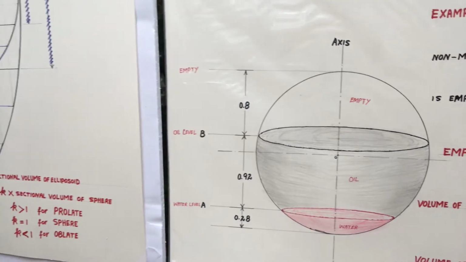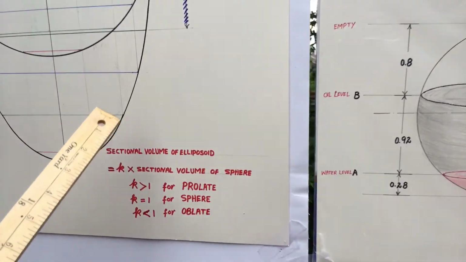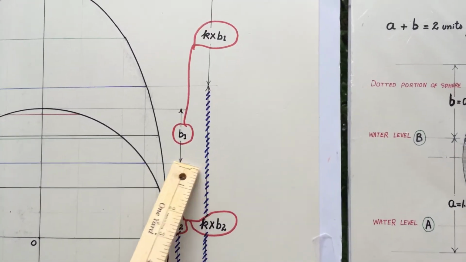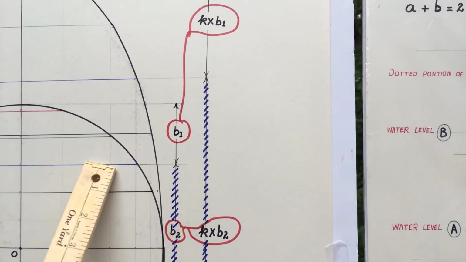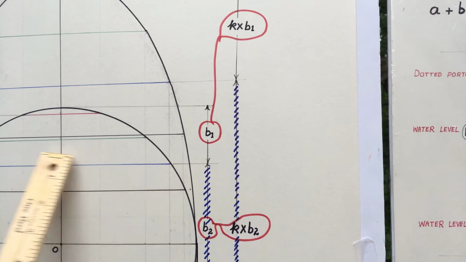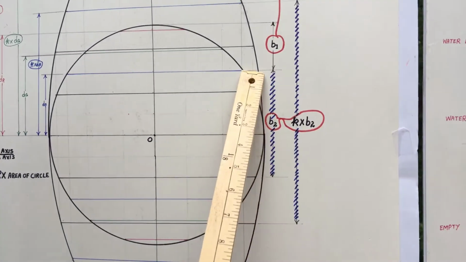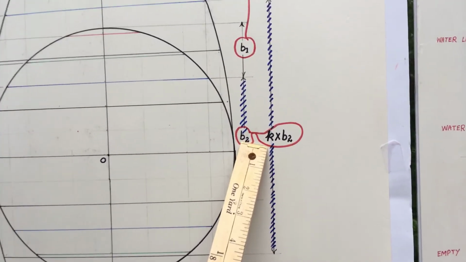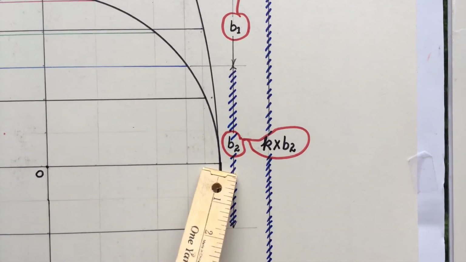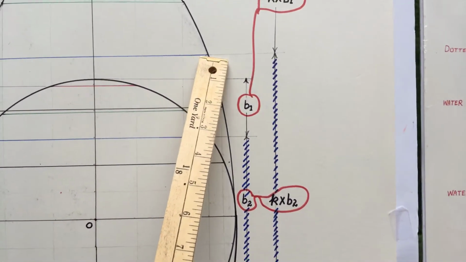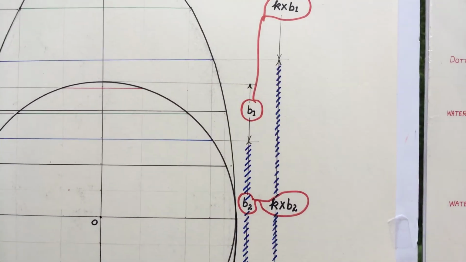So finally we have this one. This section B of the sphere, which is between this one and this one, and is given by B2, is transformed into k times B2, which is this section between this one and this one.